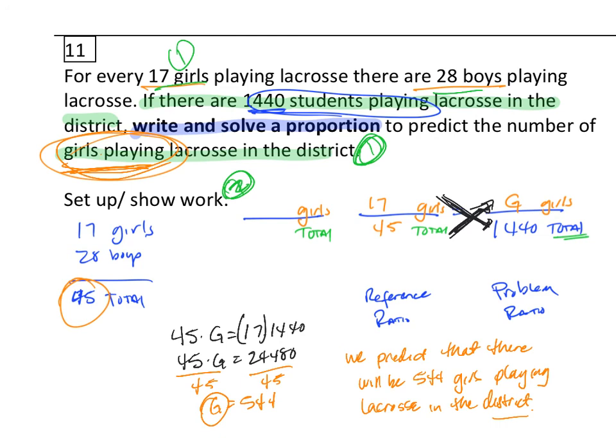Then the third thing we did was we plugged in our values. From there, we did a cross product equation. That's the fourth thing we did. We solved the cross product equation, and then we gave our answer. Those are basically the steps. Remember that we set it up with a reference ratio and a problem ratio. We set up the proportion.